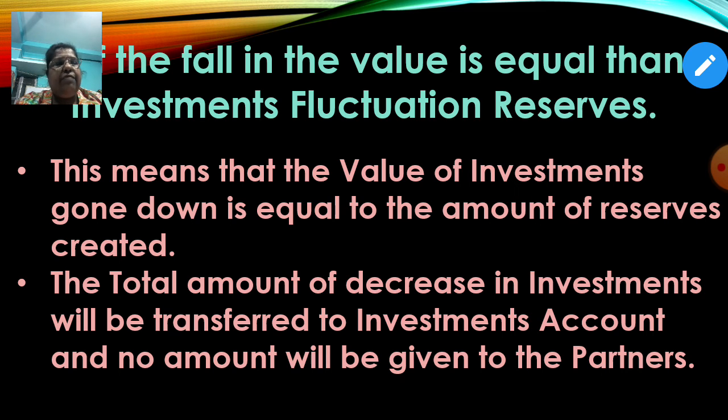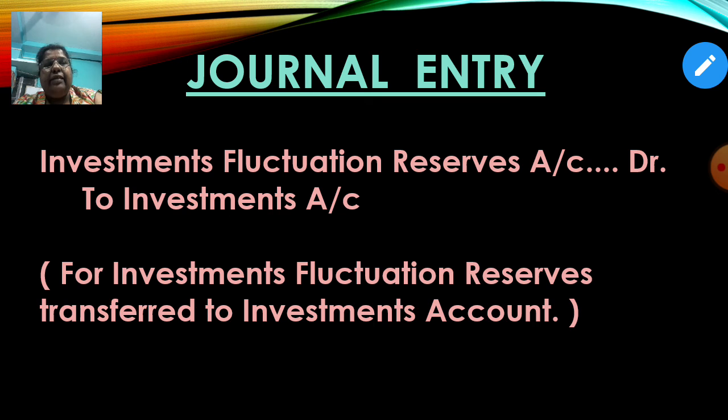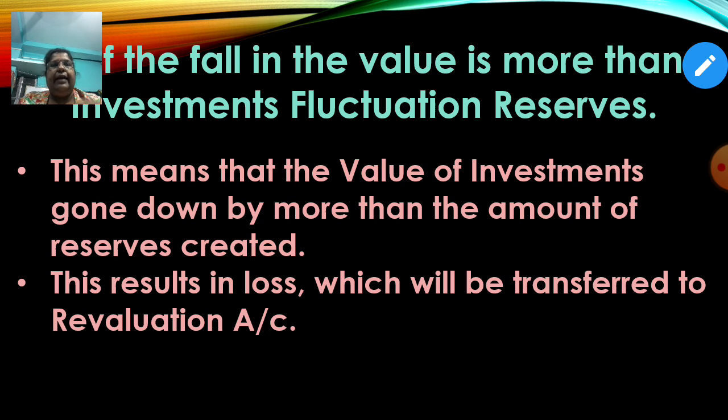So nothing is left for the partners, and therefore the journal entry will be investment fluctuation reserve account debit to investment account.